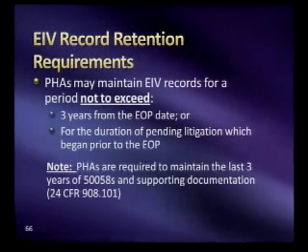Your local or state laws may require you to maintain documents for a longer period of time. However, you cannot keep the EIV information longer than the 3 years. So if your state law requires 7-year record retention, the EIV information is the property of the federal government and must be destroyed within 3 years of the EOP date or when the pending litigation is finalized.